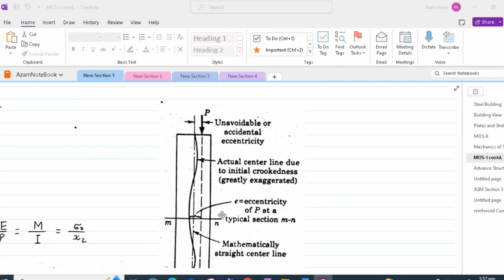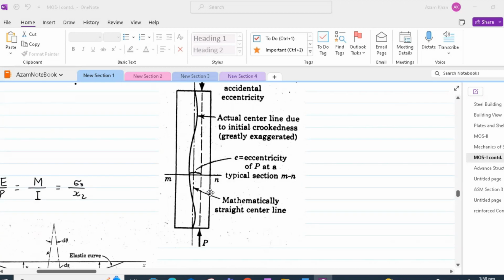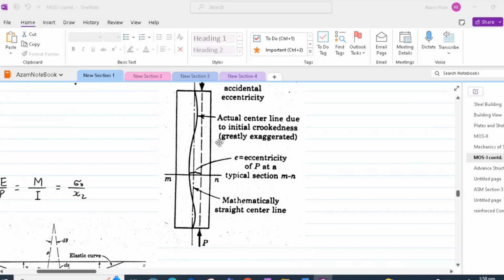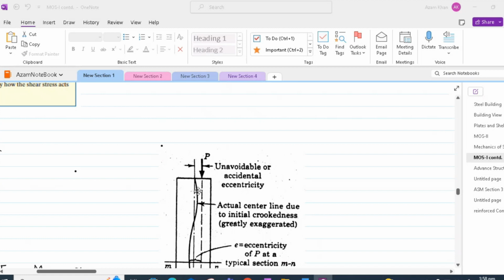All these factors produce an effect which is shown highly exaggerated in this figure. So we have accidental eccentricity. We might have a center line of the column which is not straight, or in other words, which is crooked, and there can be some fabrication errors in the column.